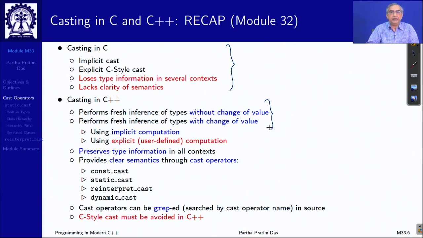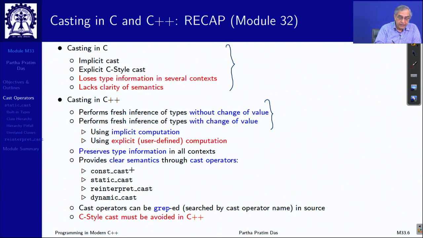I will remind you again that C++ is a strongly typed language. Therefore, it is always necessary for the developer as well as the compiler to understand the type of every literal, every variable, every expression, and deal with their conversions and casting with a lot of care.